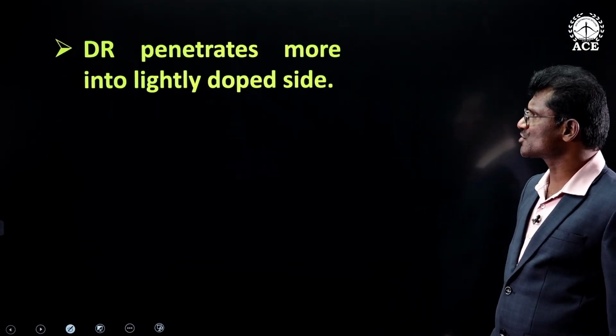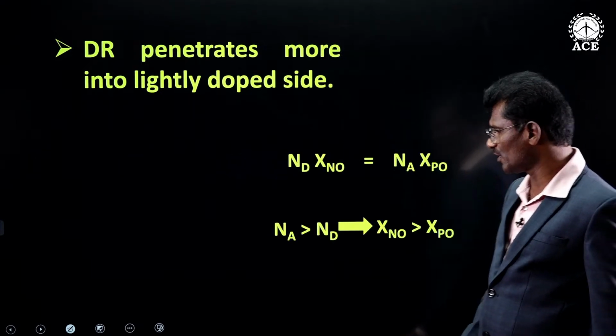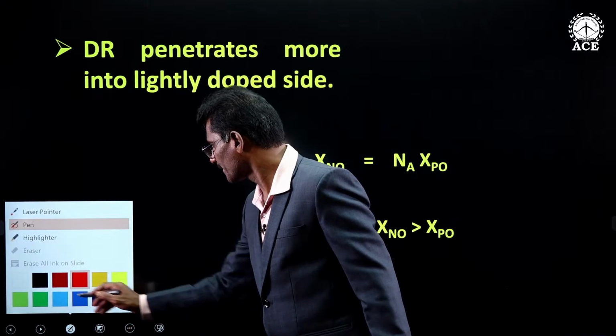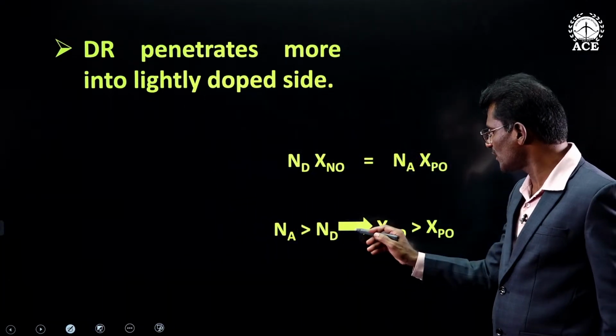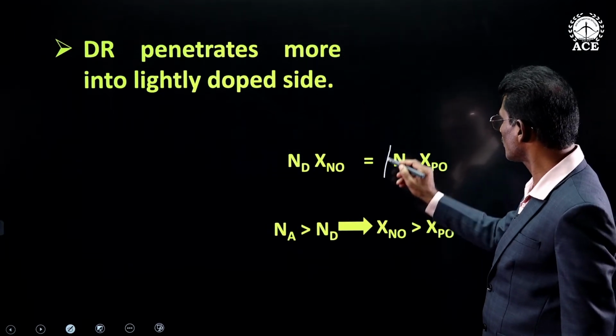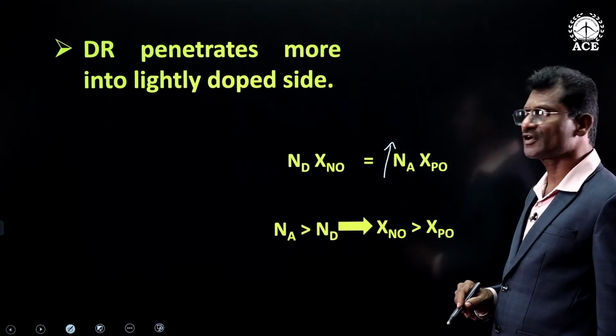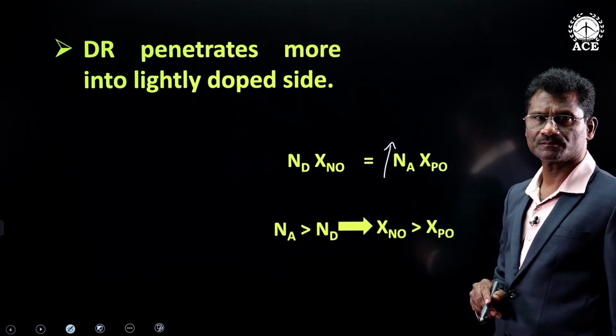Depletion region penetrates more into the lightly doped side. Let us see the meaning of this statement. I am assuming that Na is greater than Nd. That is, in this equation, acceptor concentration is more when compared to donor concentration.